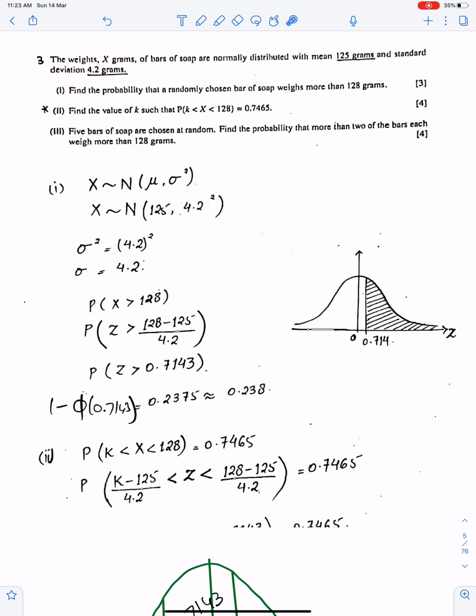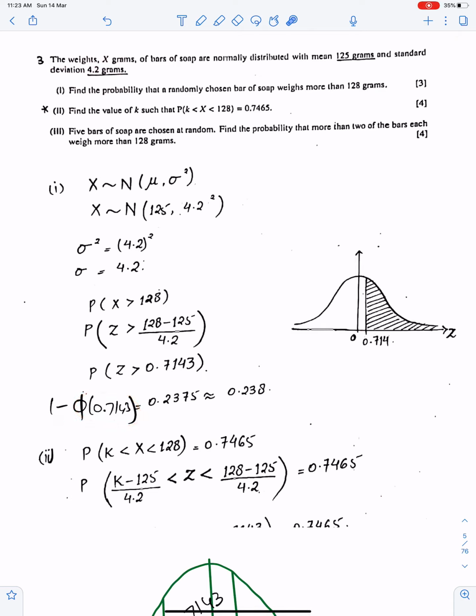This is so simple. You just need to convert this statement from x into z. Write 128 minus mu over 4.2 standard deviation. You are getting this thing. This is the sketch. This area is 1 minus 5.714. Must write this thing here, and then your choice: use table or use calculator. If you are using table, get this value from the table, subtract it from 1 and get the answer.